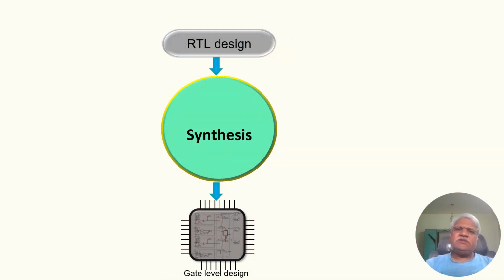To understand the synthesis portion, we will observe that RTL design is the first primary input, which is very essential, where the design intent is represented in an abstract manner at a high level. And this design can be implemented either in a synchronous operation or in an asynchronous operation.